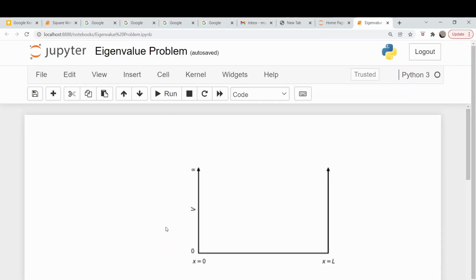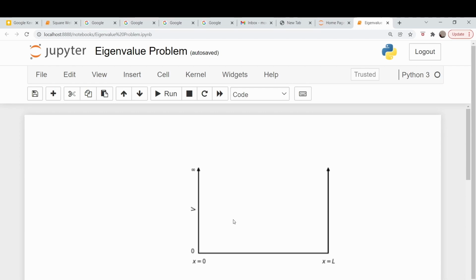So we're going to look at a problem from quantum mechanics that's commonly referred to as the particle in a box or the infinite square well problem. So what we have here is basically a particle confined between two points. In terms of energy, the potential energy is 0 for x between 0 and L. And for anything outside this range, the potential energy will be infinite.